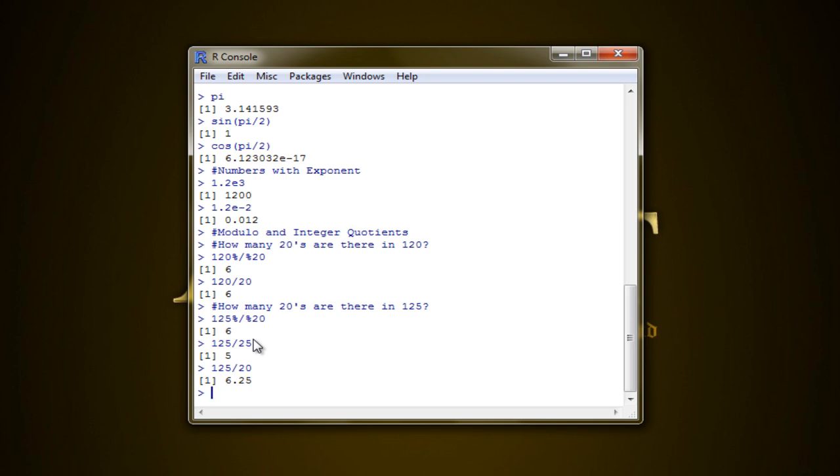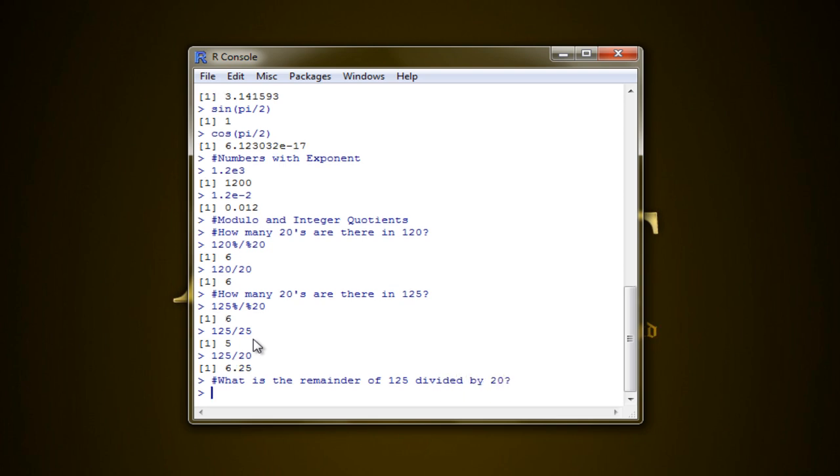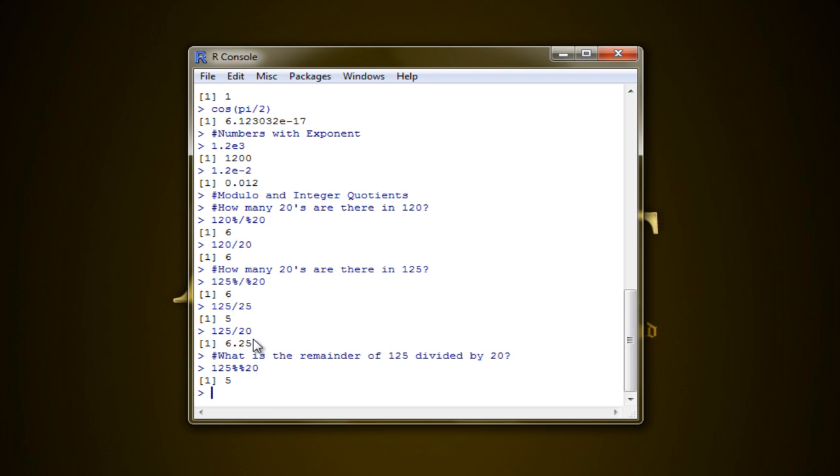Well, we can use the function %%. Example, we want to know the remainder of 125 divided by 20. Just type in 125 %% 20, and you have the remainder of 5.